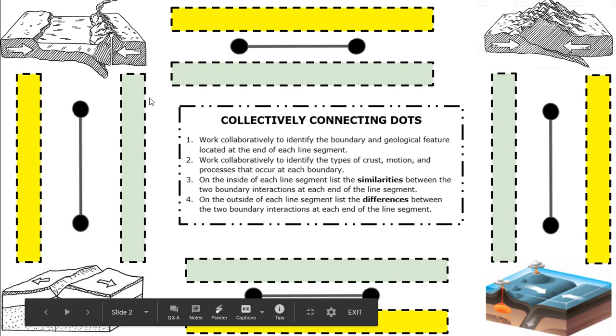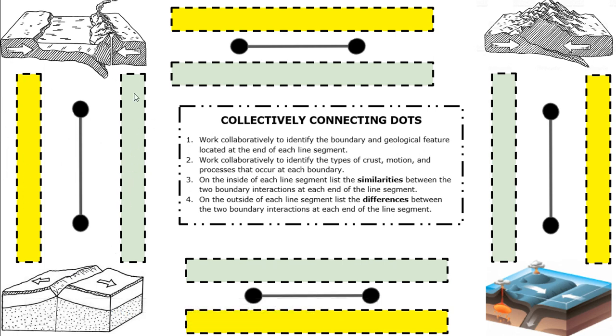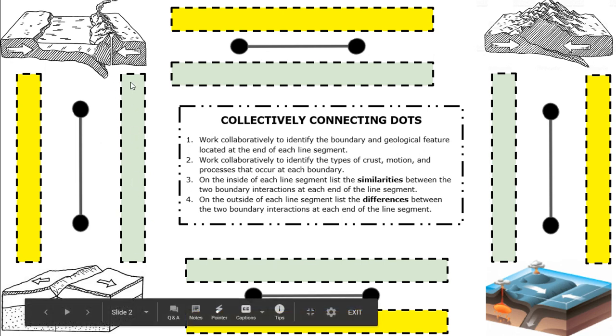Now we can talk about similarities and we can talk about differences. So here, if we wanted to talk about similarities between these 2 boundaries, I don't necessarily see similarities besides them both being boundaries and different crusts are involved.